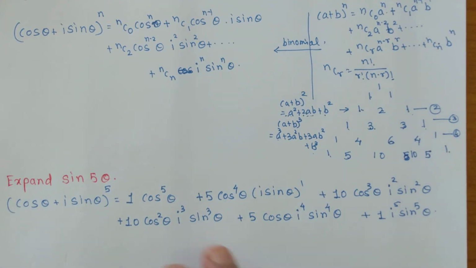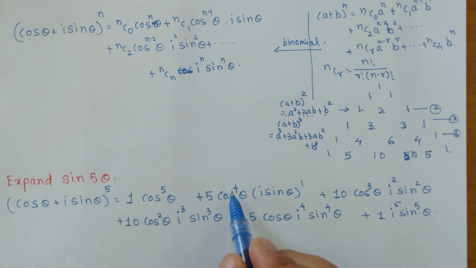Now the further thing is we have to simplify the brackets, apply De Moivre's theorem to the left hand side and compare the values. But before I proceed further, this is an expansion at power 5. So in every term, if you add the degrees of cos and sine, you will get 5.